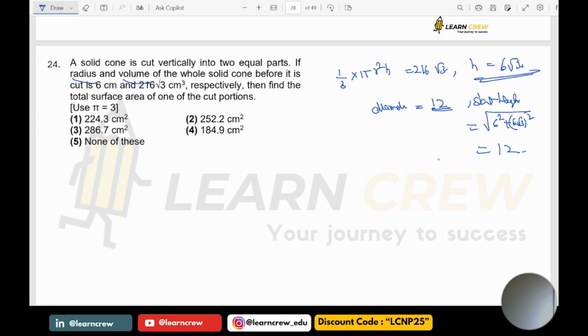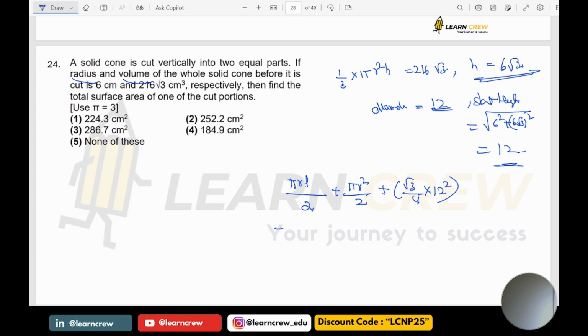Now, the total surface area of the cut portion would be pi r L by 2, since cut portion means half, plus pi r square by 2, plus the area of an equilateral triangle with side 12 centimeter, which is root 3 by 4 into side 12. Slant height is 12.